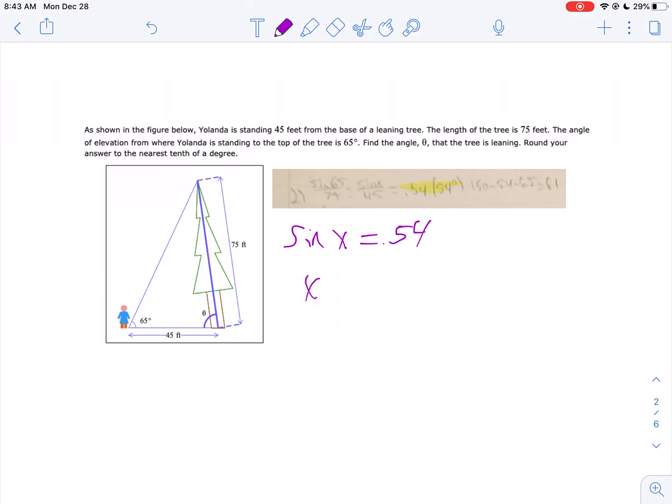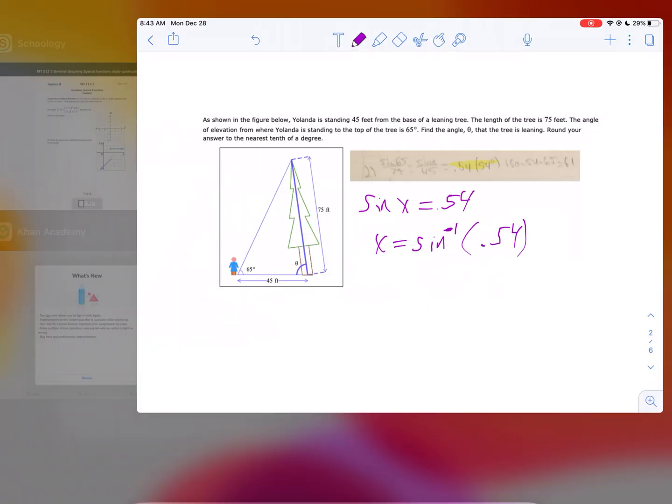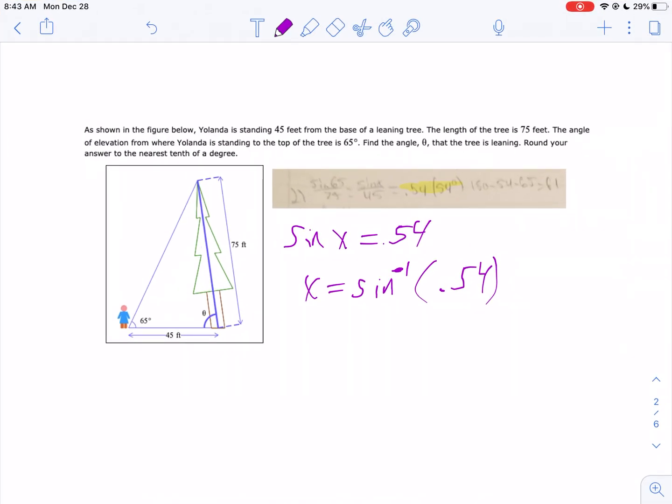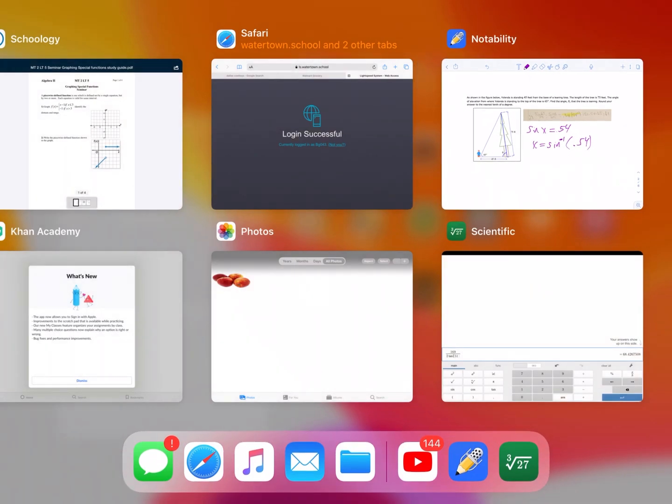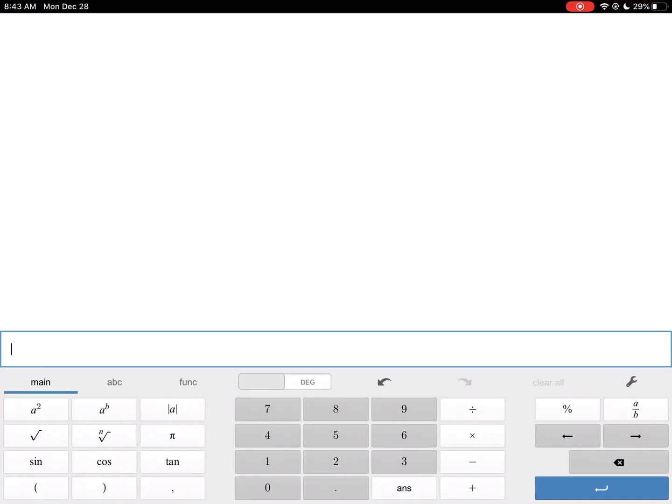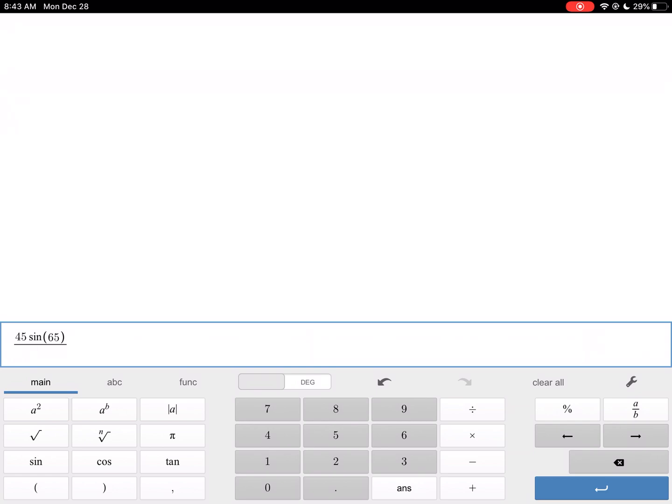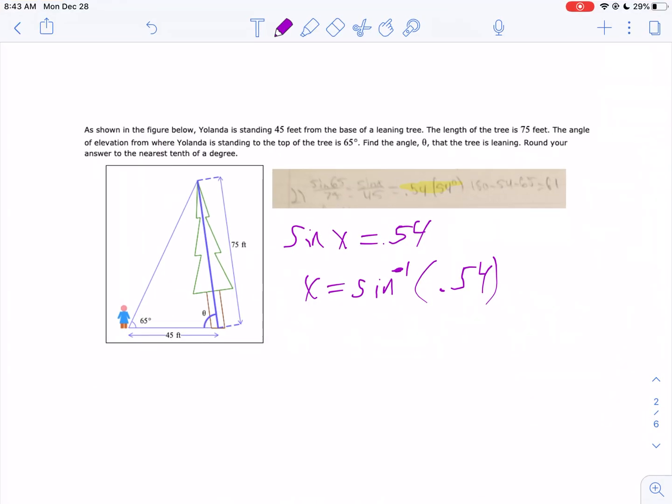Which means x is the inverse sine of 0.54. Well, let's use our calculator. We're going to find the inverse sine of 0.54. In fact, I think I'm going to keep the decimals in here. So it'll be 45 times the sine of 65, divided by, what did we say? 75.